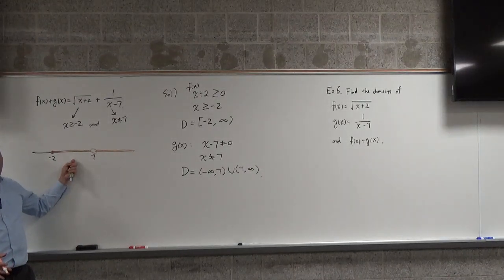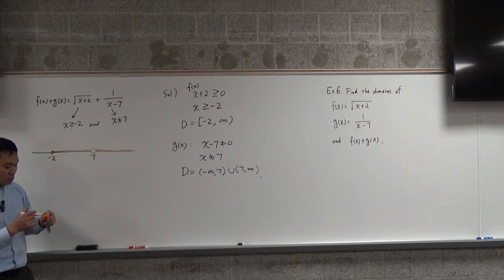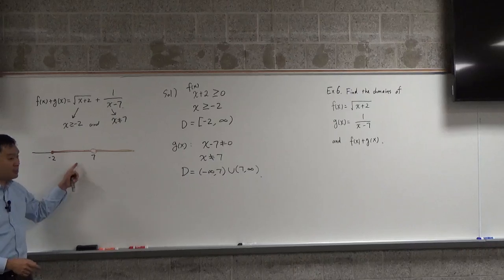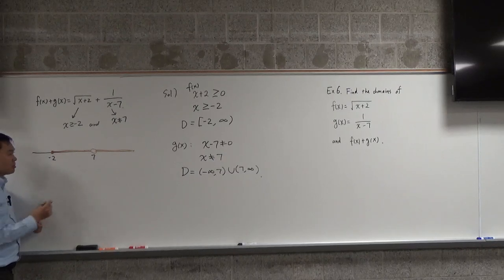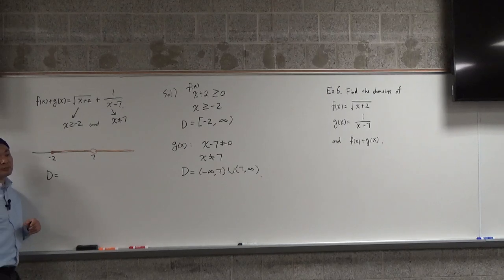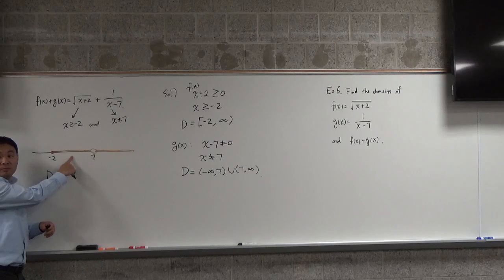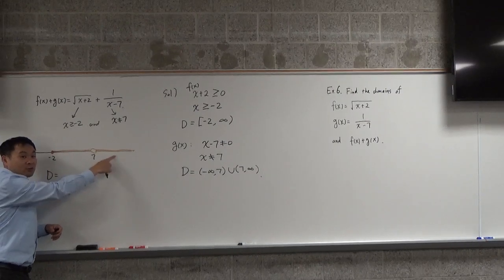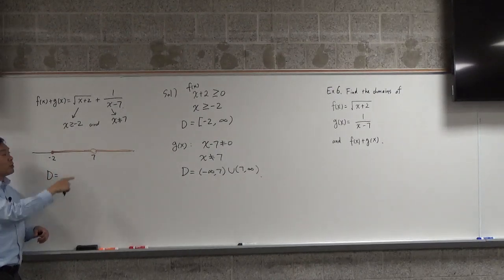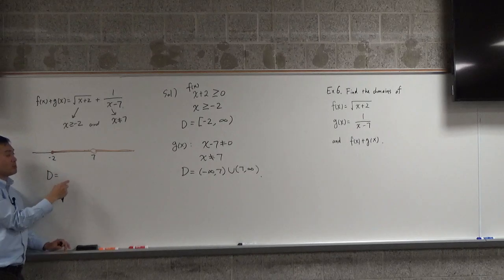Now if you're fully convinced of this explanation, the next task is to figure out what this is in terms of the interval notation. First of all, how many intervals do you see? I see one piece. I see another piece, right? 2 interval pieces. Okay, tell me what this first piece is.